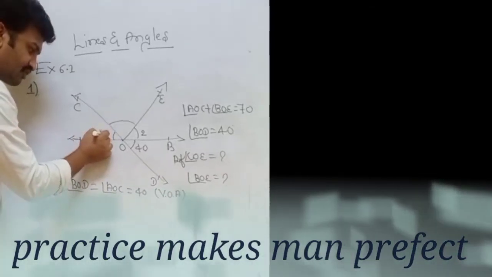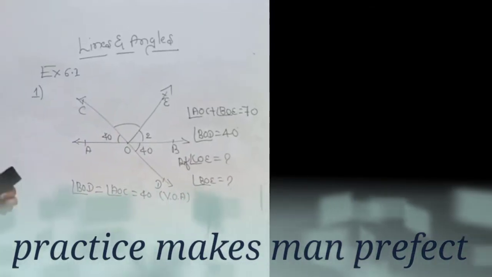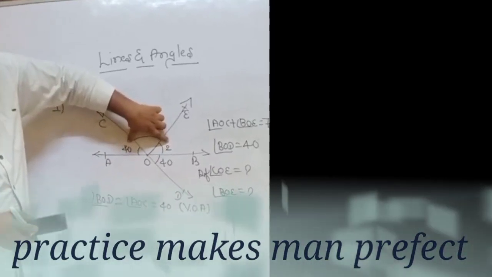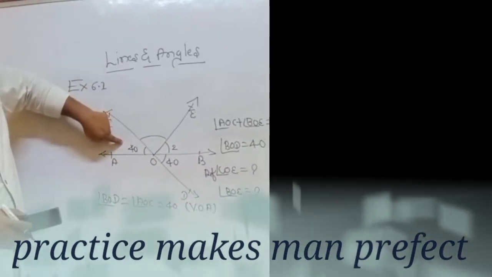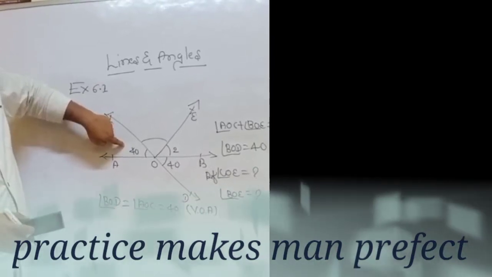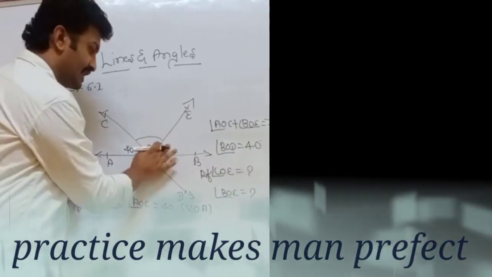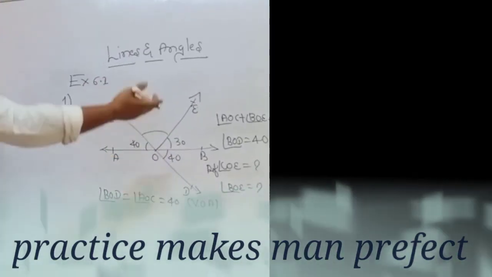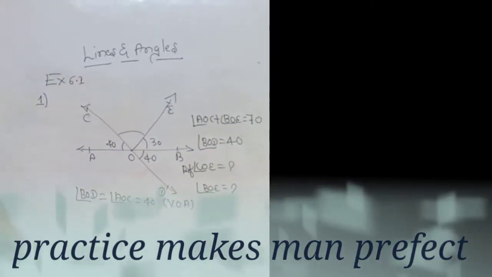So this is also 40 degrees. And now we can easily find that their sum equals 70, in which one we got as 40 by vertically opposite angles, and this becomes 30 degrees. 40 plus 30 is 70. How did we get it? In 70 you subtract 40, you will get 30.